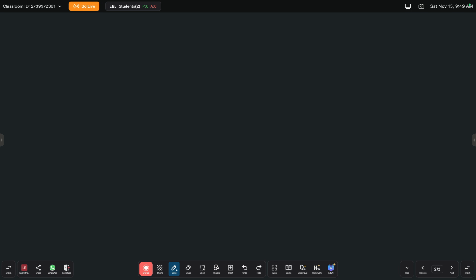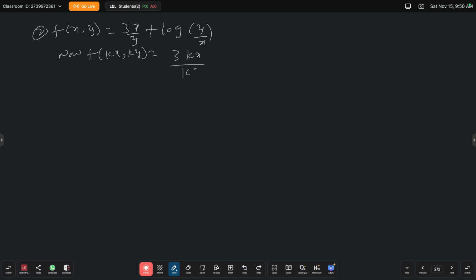See another example. f of x comma y is equal to, that is also two variables, 3x by y plus log y by x, the given function of the two variables. Now you can represent f of kx comma ky, to determine the degree k power of n, as 3kx by ky plus log ky by kx.